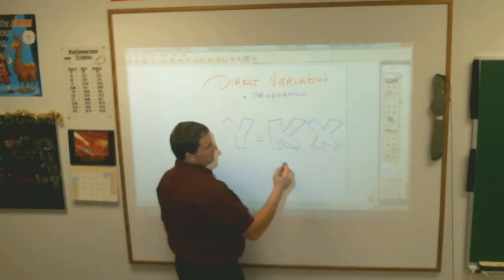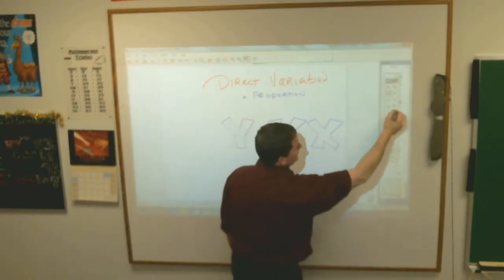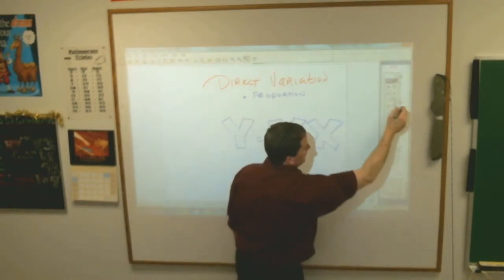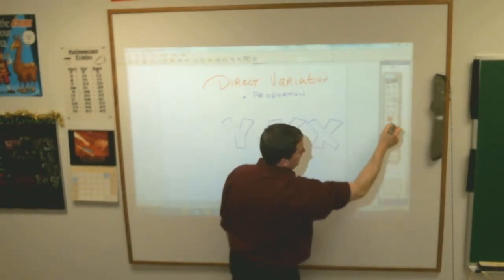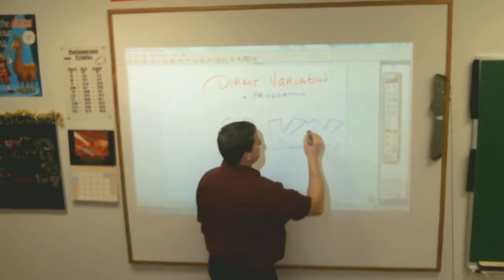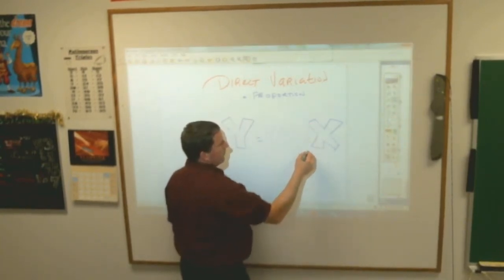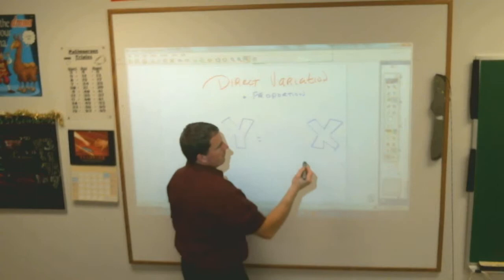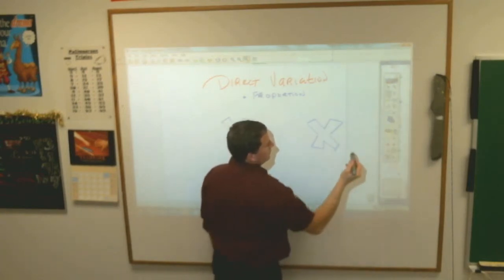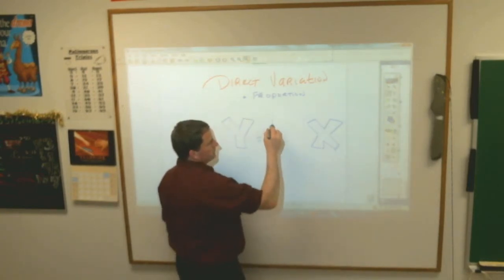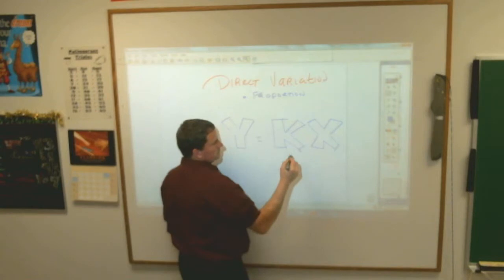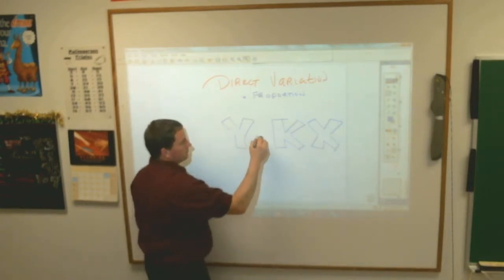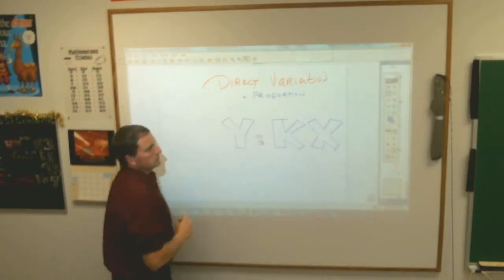Because your line, yeah, that was more like a K. I need it to look more like a K. You have to curve the bottom line. There you go. Fabulous. Yes.